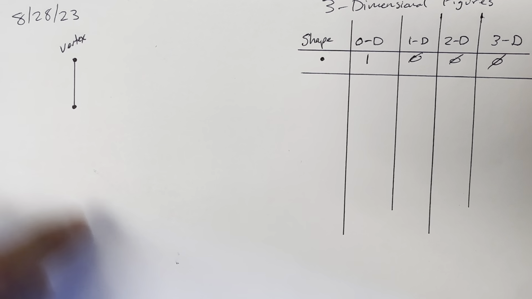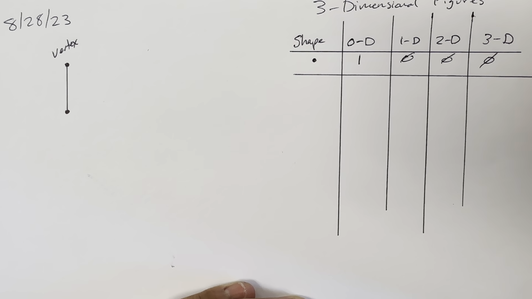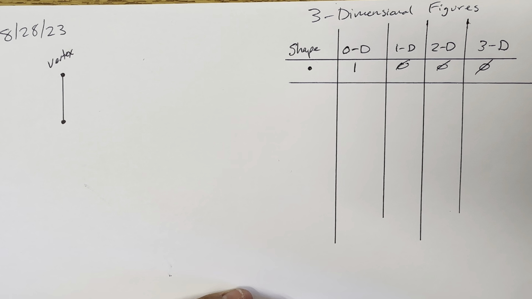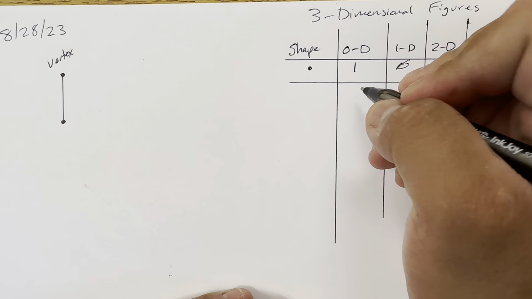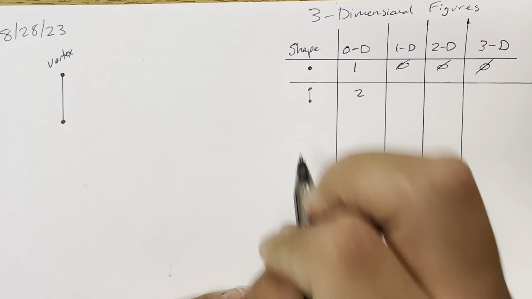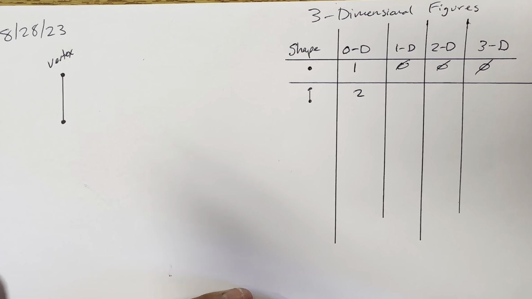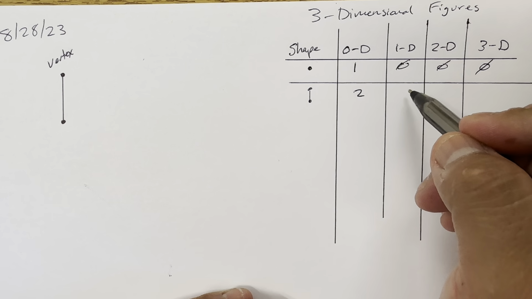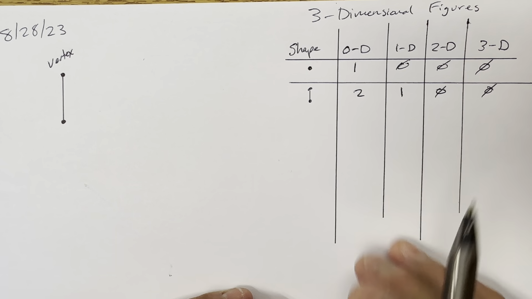But if we have more than one vertex, let's see who remembers, what is that called? Vertices is plural, vertex is singular. So if we have more than one 0 dimensional, then you would have two vertices connected by, now this is a height. It's a measurement up and down. So that's one dimensional. Okay, so we don't have any two dimensionals nor any three dimensionals.